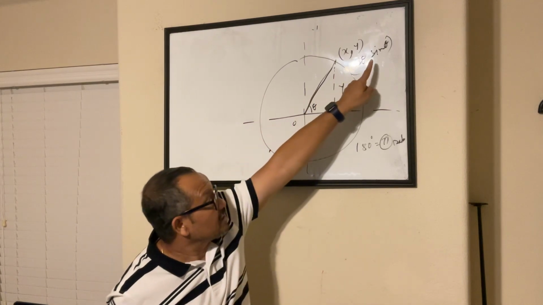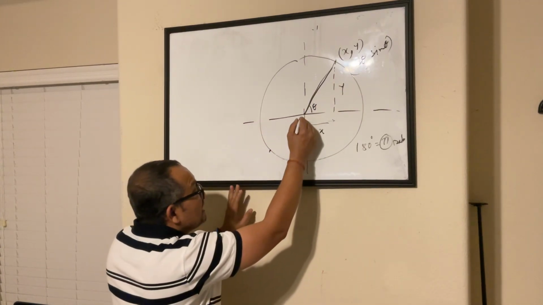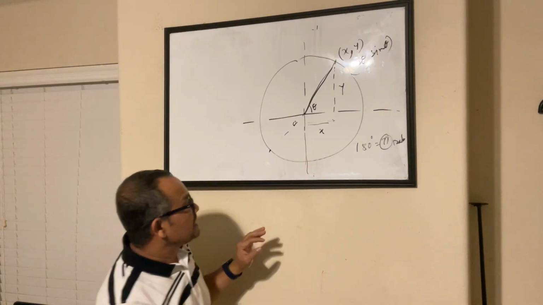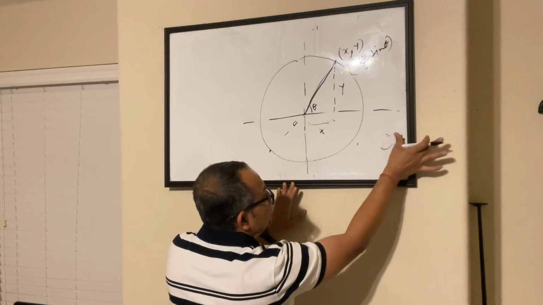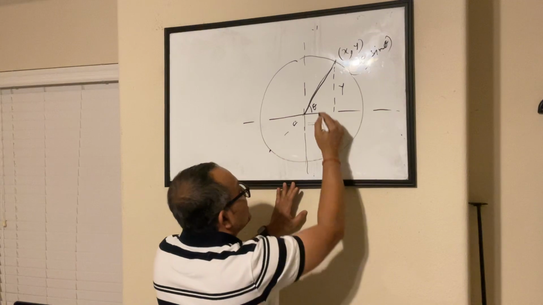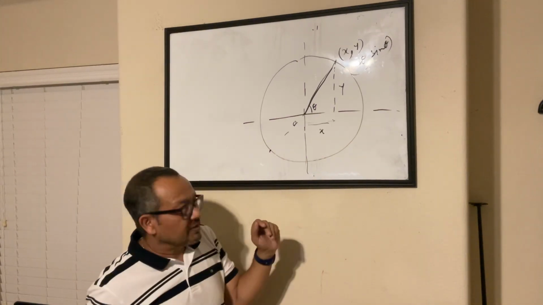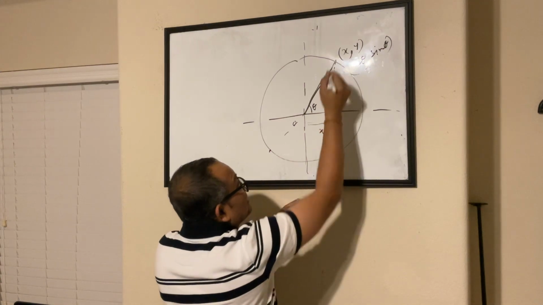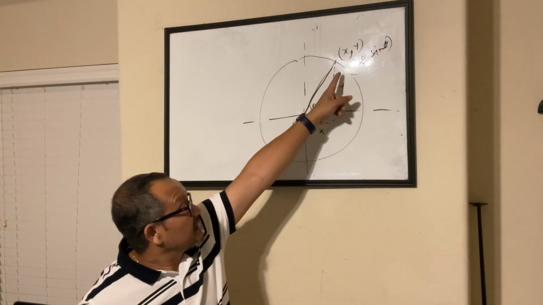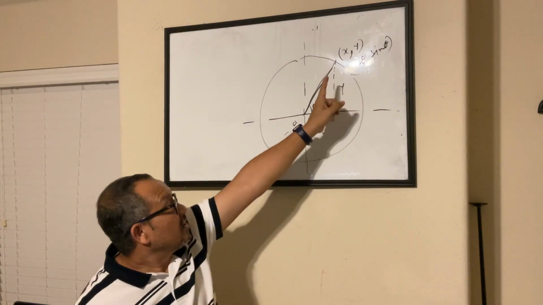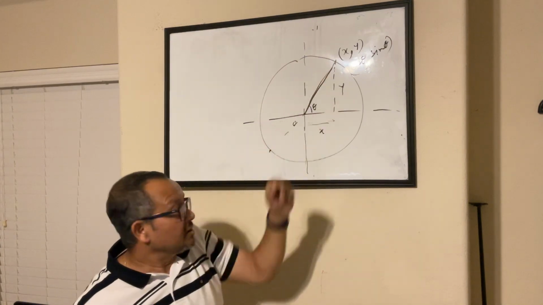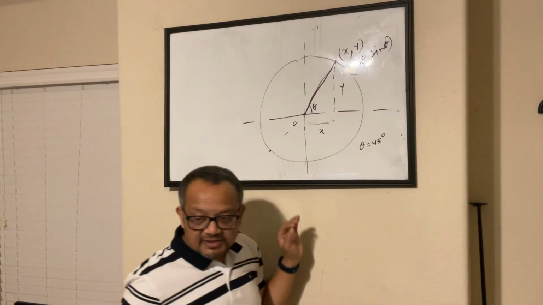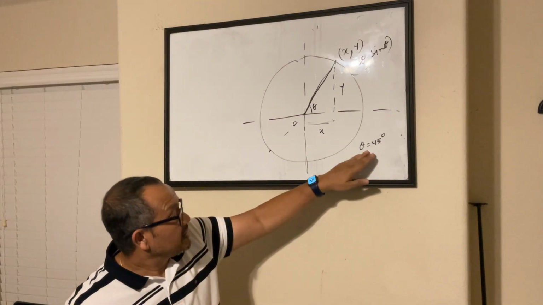That will be your x and y coordinate values, and then you have to look at which quadrant you are falling in. Let's say I say find out the x and y coordinate of a point on a unit circle where theta equals 45 degrees.